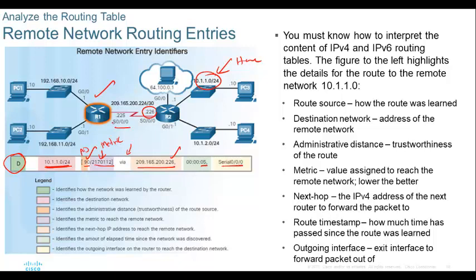Repeating again: this router learned from EIGRP about this destination, 5 seconds ago, with this metric to reach it via router 2, which is the next hop, and it needs to be sent out via serial 0/0. You understood this? This is how you need to understand a route in the routing table.